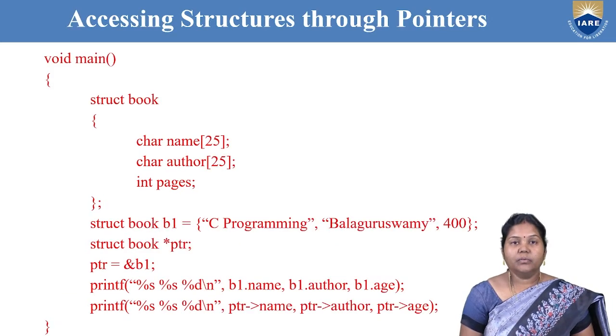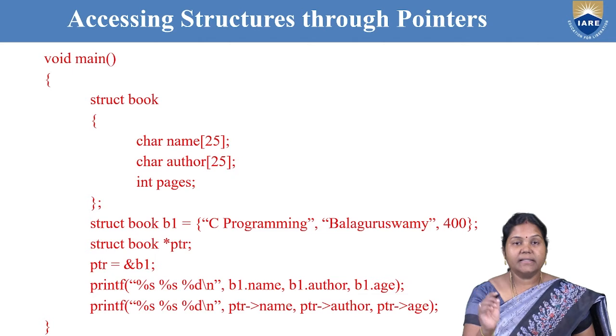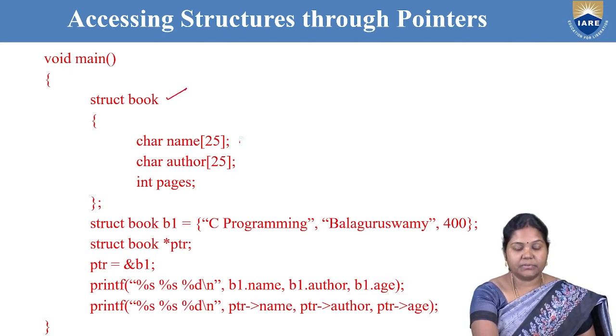Now, how to access the structure members through pointers? There are two ways to declare structure variables. One is called a simple structure variable, and another is called a structure pointer. Now, let us see, in this case, book is a structure which contains three members: name, author and pages.